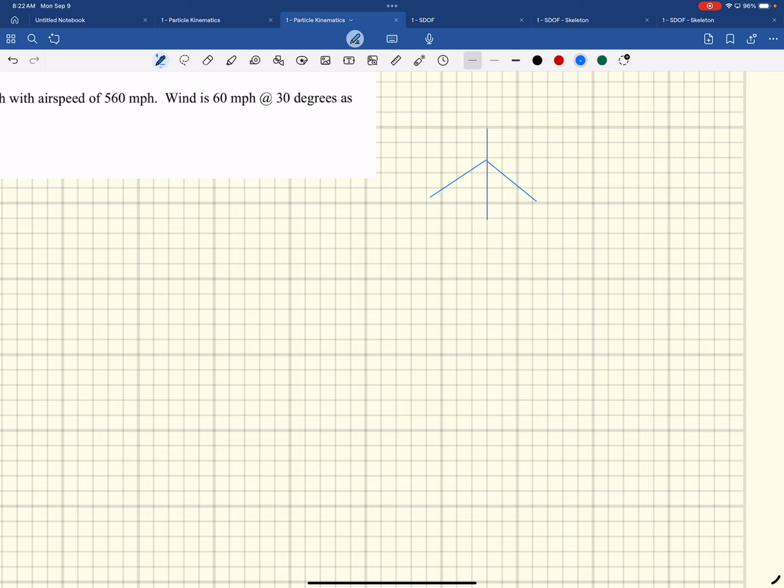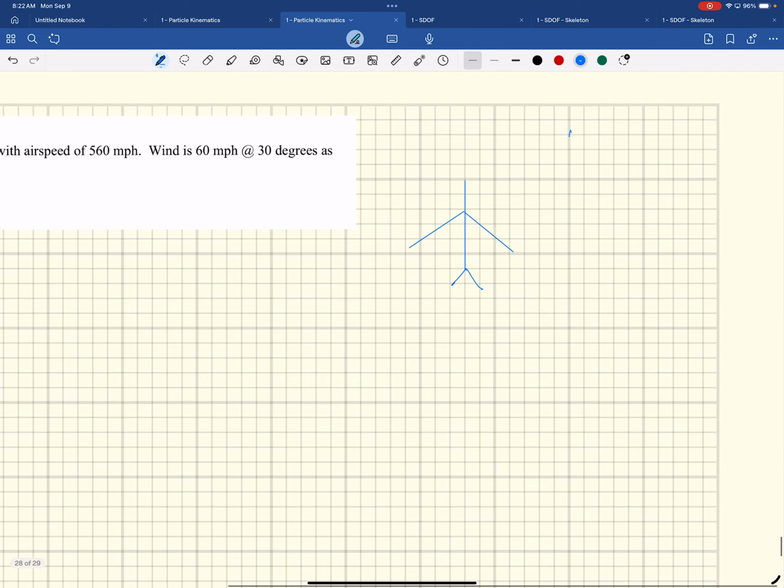It's pointed due north. And the wind is traveling at a certain velocity. It's doing this. And this angle here is 30 degrees.